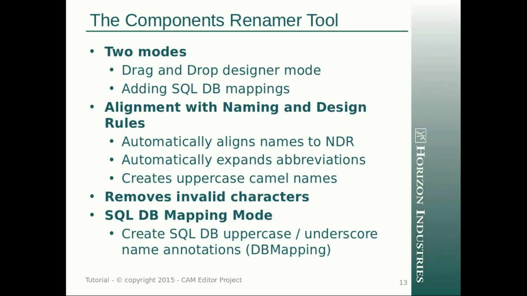So you want the naming and design rule mapper to go the other way around and to create uppercase underscore typical SQL DB naming conventions from those uppercase camel XML names. So you can use the naming tool in two modes to help you align what's going on in your template with your SQL databases.